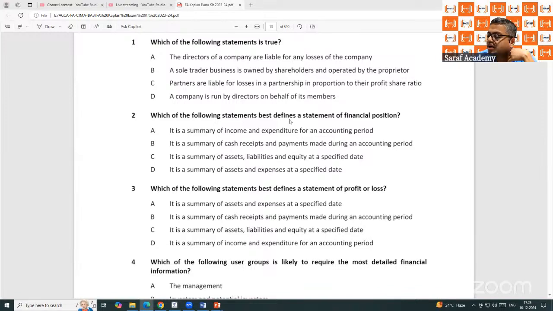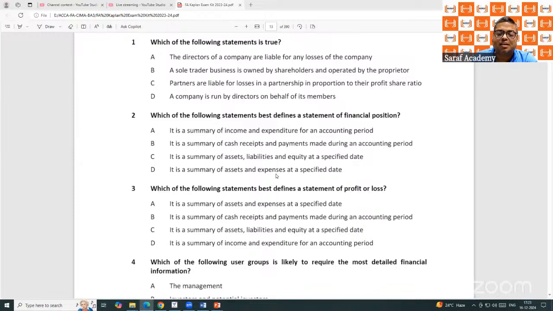Which of the following statements best defines a statement of financial position? Statement of financial position means balance sheet. It is a summary of income and expenditure, PL account. It is a summary of cash receipts and payments, cash book, cash flow statement. It is a summary of assets, liability and equity at a specified date.